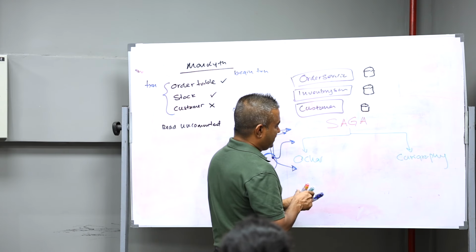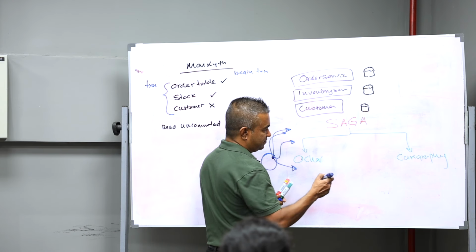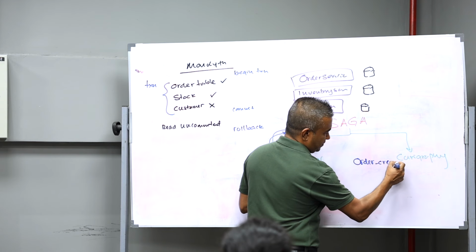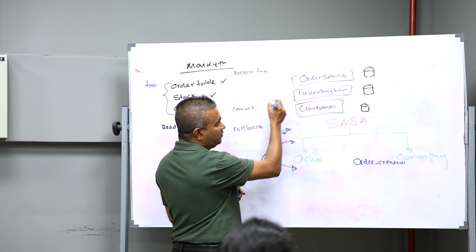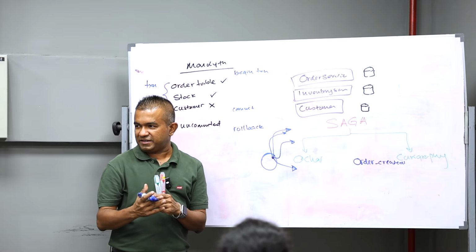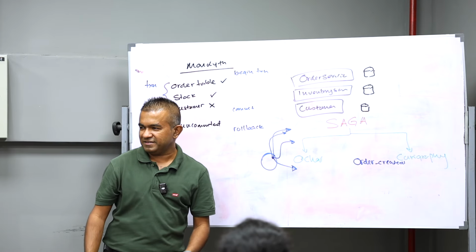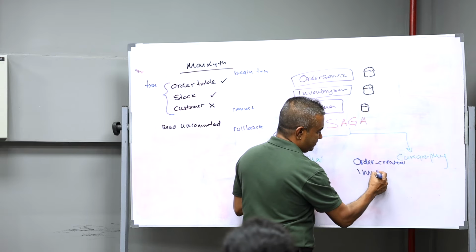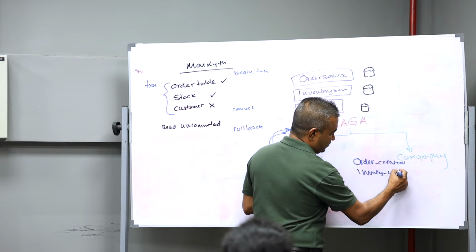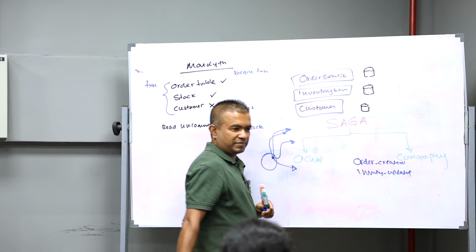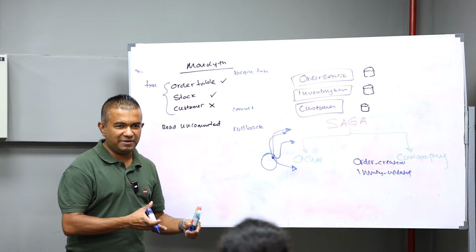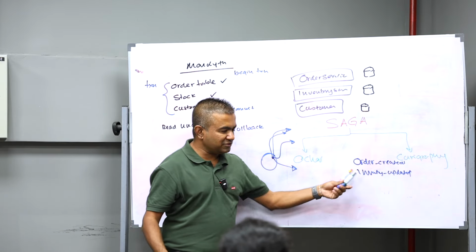Now the inventory service listens to the order created event and goes and updates the inventory. Then it emits an event called inventory updated. And then the customer service listens to that and goes and updates the customer.